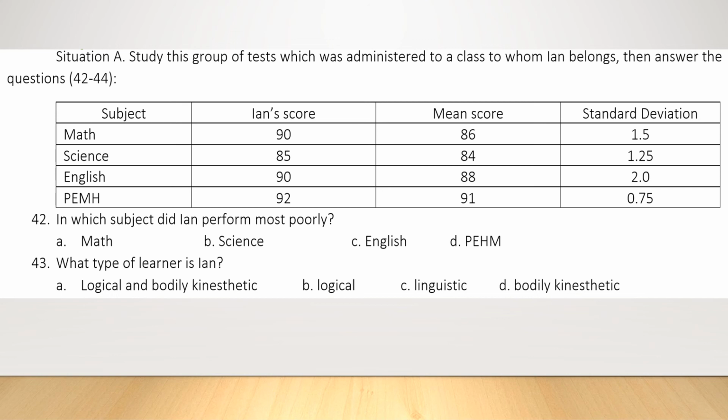A logical student. Because mathematics really requires more logic for you to ace the subject, to perform better in the subject. So, letter D is the correct answer. Same with English. Ang English po, nangita po ni siya og kanang logical thinking.